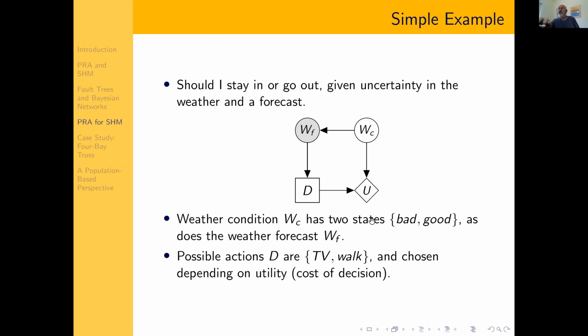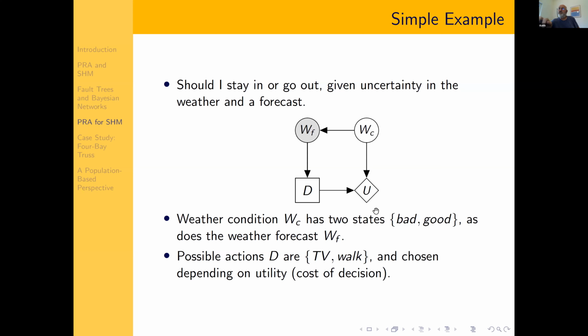Now, the weather condition has two states, bad and good. And the weather forecast has two states, bad and good. And the possible actions are watch the telly, go for a walk. Now, we want to choose this decision based on utility, the cost of the decision.